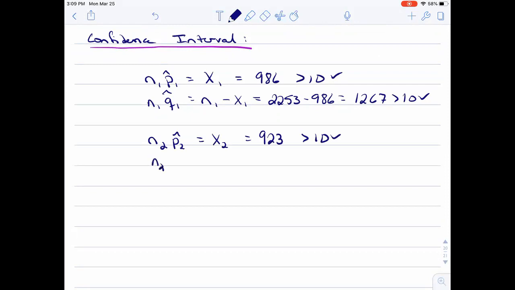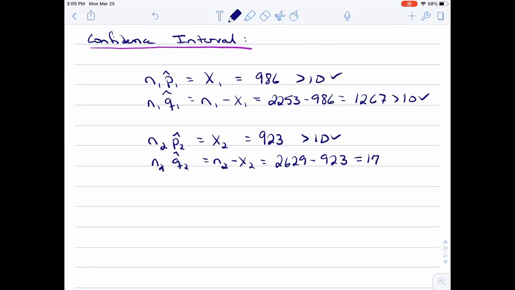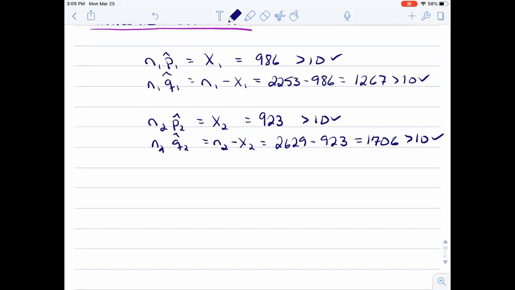And n2 times q2 hat is n2 minus x2, which is 2629 minus 923, 1706, which is also greater than 10. Therefore, assumptions are satisfied.